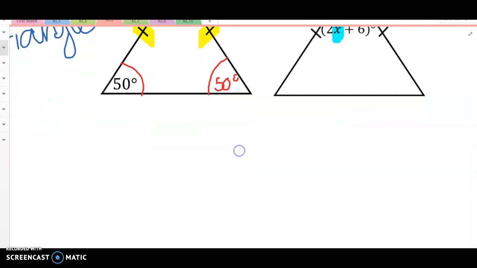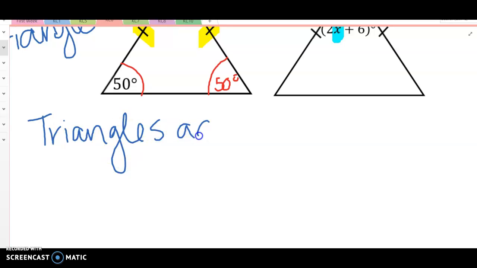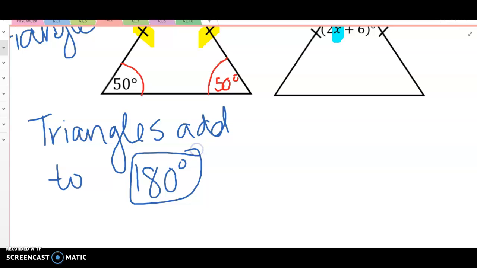Well, triangles add up to 180 degrees, right?